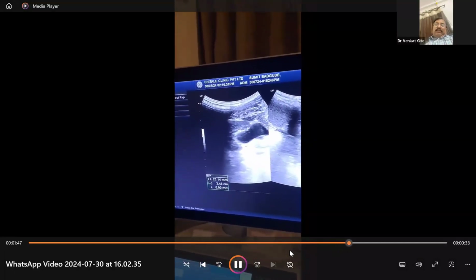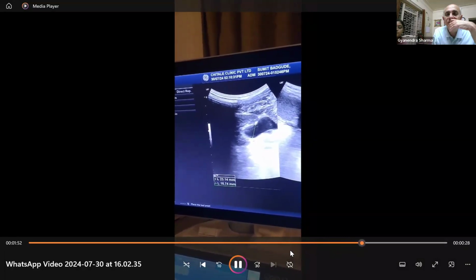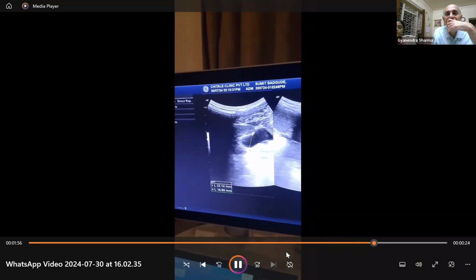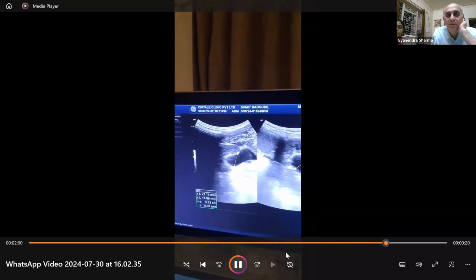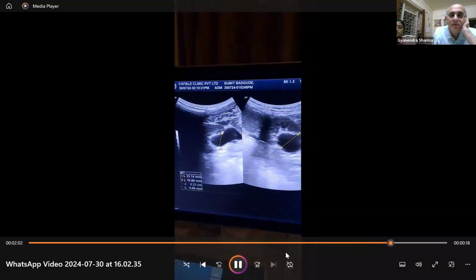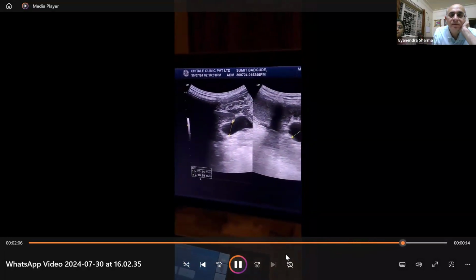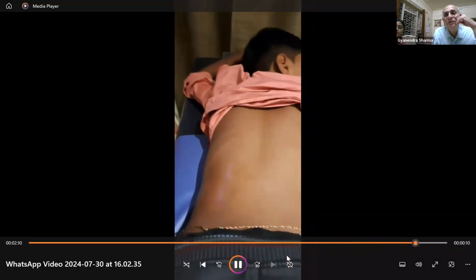Now I'm taking the measurement at the brim. This is around 16 mm. You see that there is a drop in the diameter from 23 mm to 16 mm in the prone position.